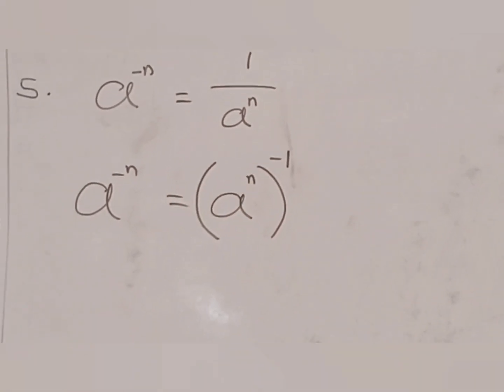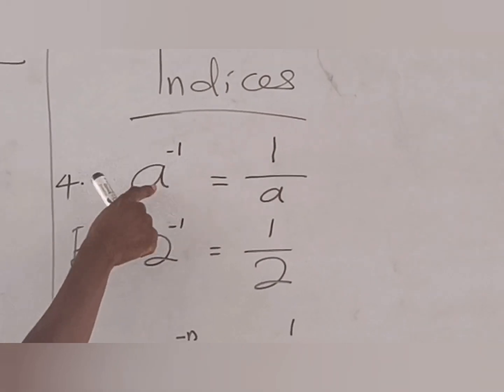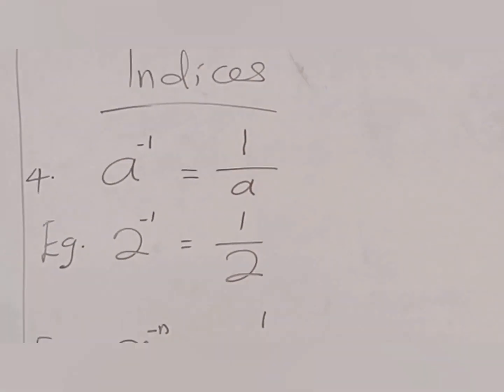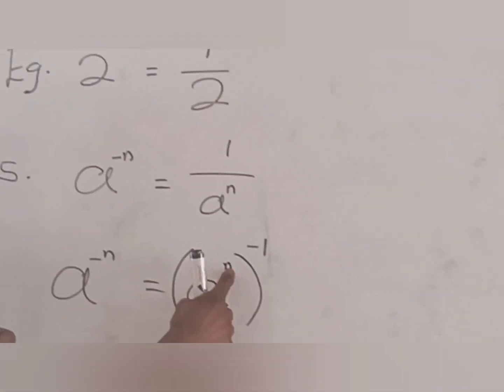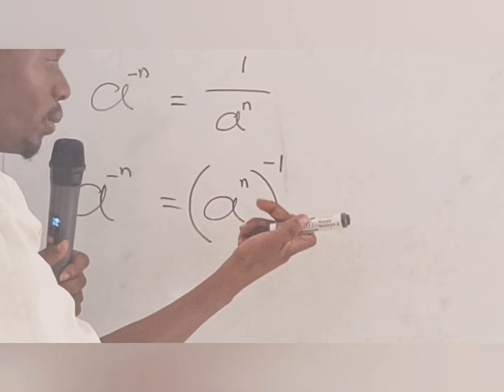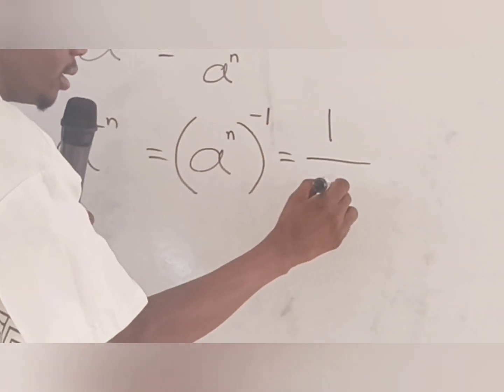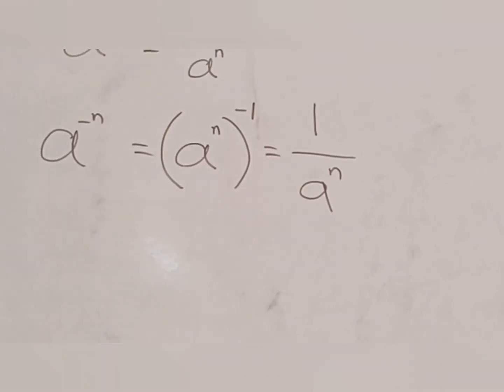Is it not true? Yes. And look at this property. Anytime you have something to the power negative 1, it's the same as 1 over that thing. So that's why we write it as 1 over a to the power n. Are you all here? Yes.